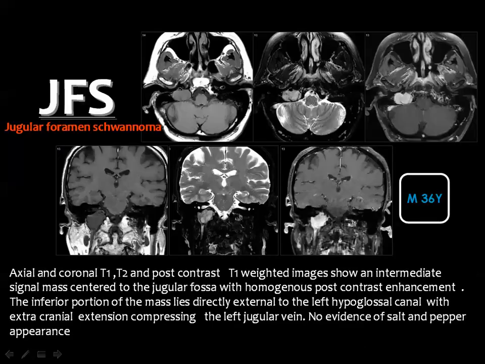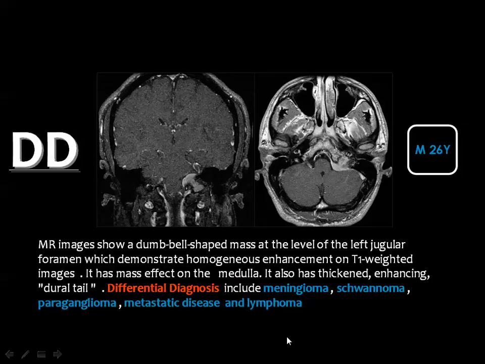And here, this is a jugular foramen schwannoma, a very well-defined lesion of intermediate signal in the T1, some bright signal in the T2, homogeneous post-contrast enhancement, without associated destructive changes of the jugular fossa.